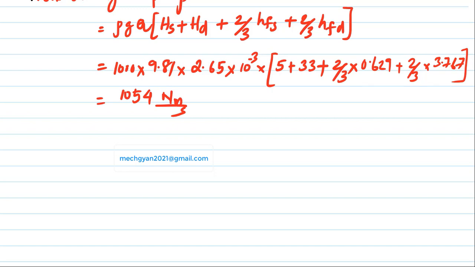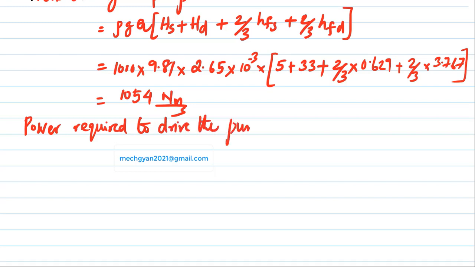So what is the power required? Power required to drive the pump is equal to 1054 Newton meter per second, joule per second is watt, that is equal to 1.054 kilowatt.